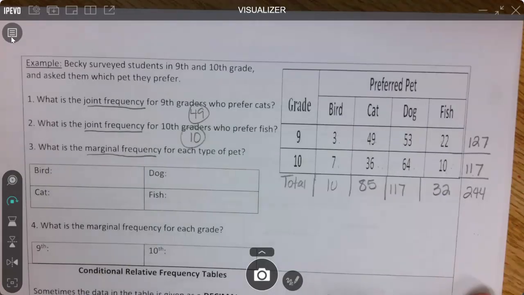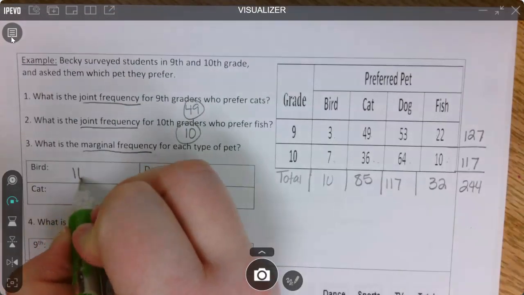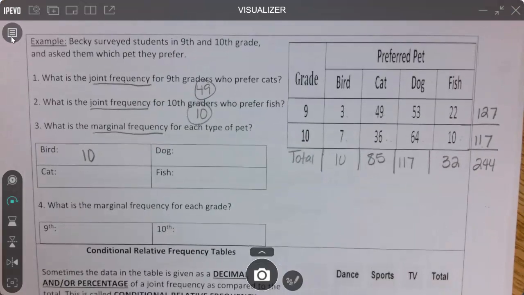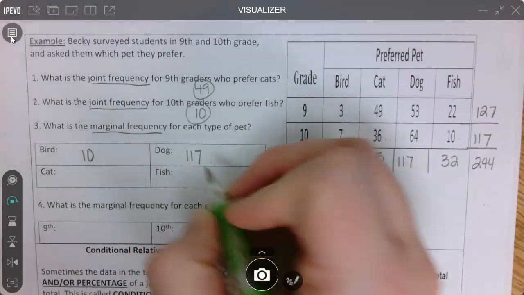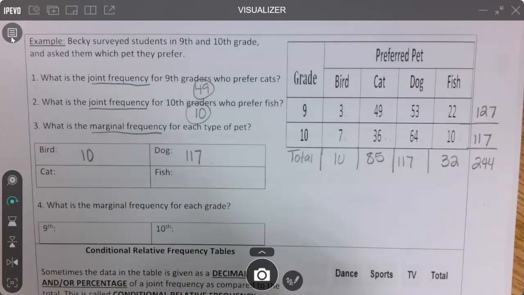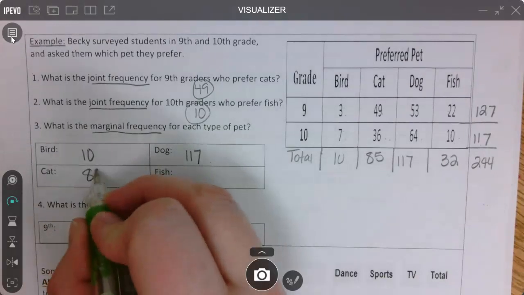Okay, so what is the marginal frequency for each type of pet? So the total amount of birds we had was 10. The total amount of dogs we had was 117. The total amount of cats we had was 85.